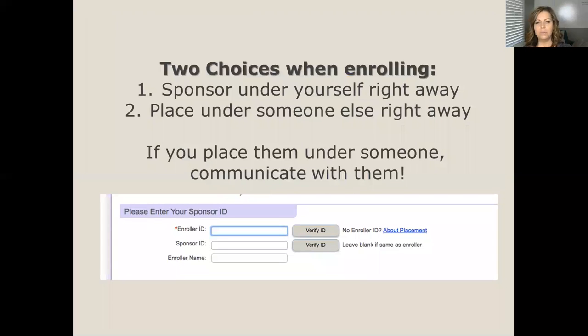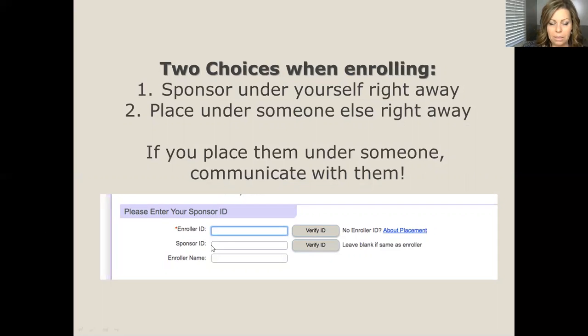So there's two choices when you enroll someone. Number one, you can sponsor them under yourself right away, or you can place them somewhere else right away. So here's what I typically do. When I come home from a class and I have my enrollment forms right in front of me, I go to the enrollment back office, and this is what it brings up right here. You put in your enroller ID, and then you're going to put in the sponsor ID.